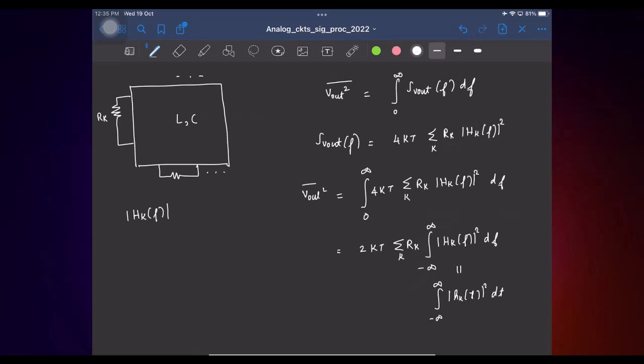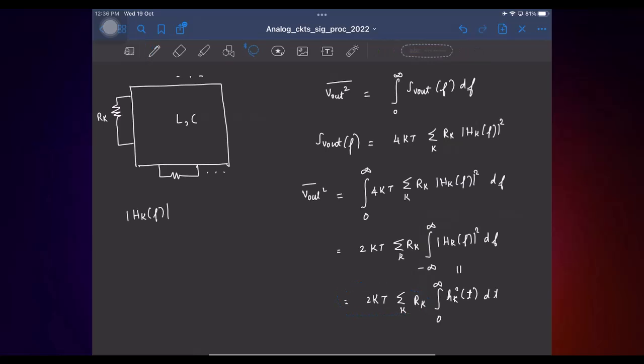And of course we are dealing with real systems, so h_k(t) is real, so I don't need to put the magnitude. So I'll just say h_k squared of t dt, right? And since we have causal systems, the limit need not be from minus infinity to infinity, it is 0 to infinity. Okay, so this is basically 2kT summation over k of R_k times this.